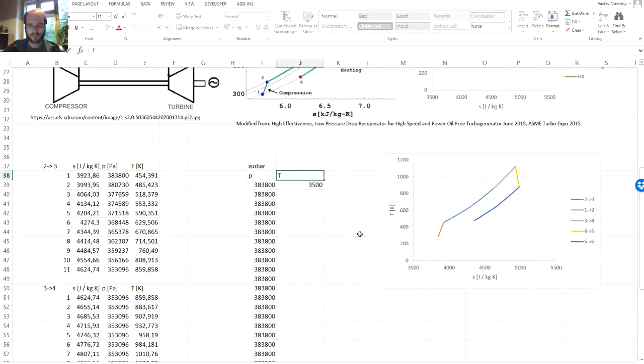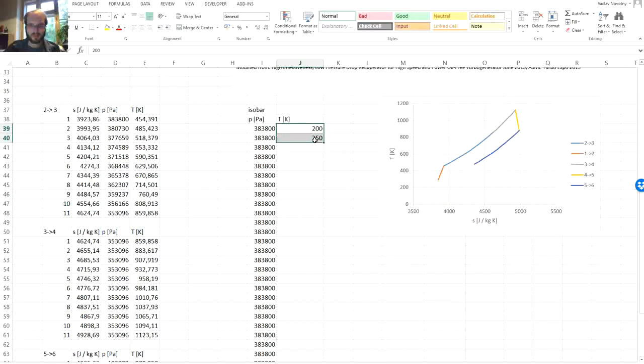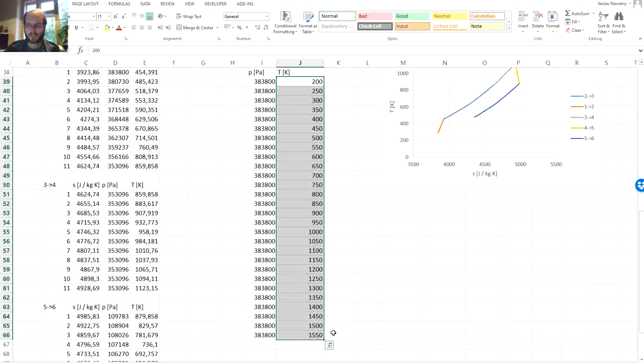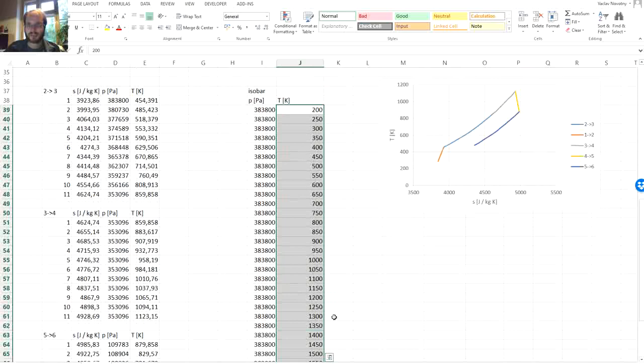Let's do first temperature, and temperature going from, let's say, 200 kelvins, temperature which will be in kelvins, pressure in pascals, and let's have the step in the temperature by 50 Kelvin. So now the range would go up to 1500. We don't need that much, let's say just 1200.